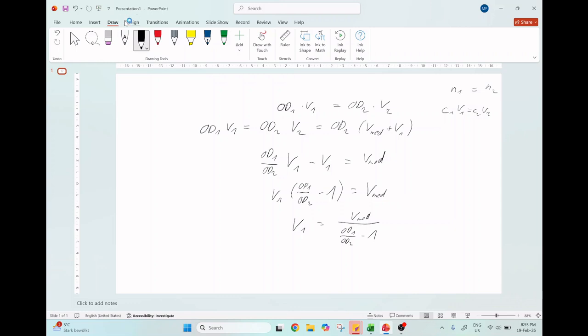So how does this help us now? This helps us in that we do not define the V2 anymore, which is the total volume that we want to have in our tube, but instead we define the amount of medium that we initially put in the tube, and then we calculate how much we have to add to arrive at the dilution that we want.